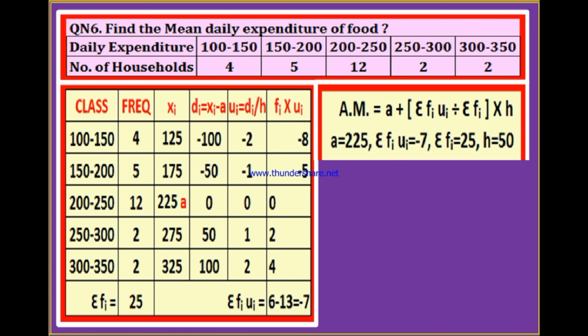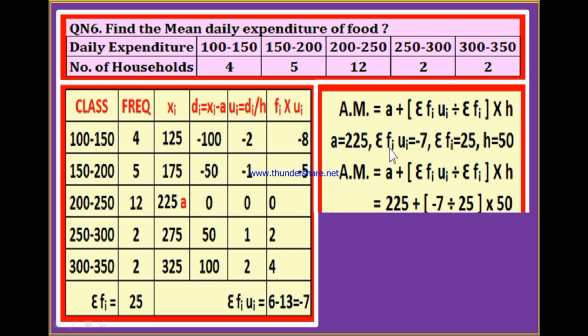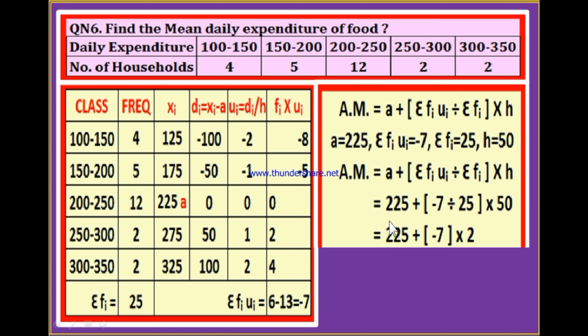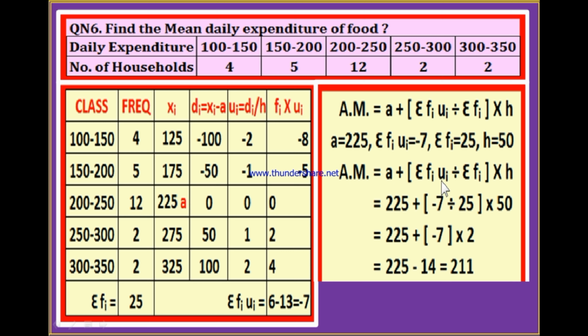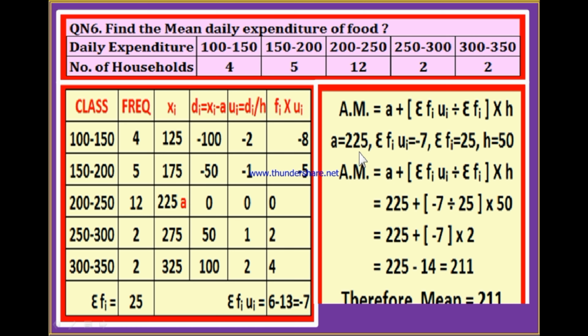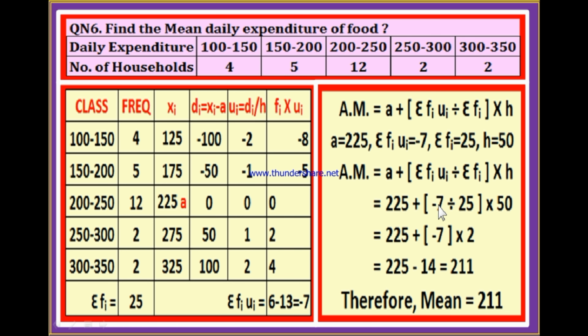Here the assumed mean a is 225, sigma fi ui is minus 7, sigma fi is 25 and h is 50. Am is equal to a plus sigma fi ui divided by sigma fi into h. 225 plus minus 7 divided by 25 into 50.